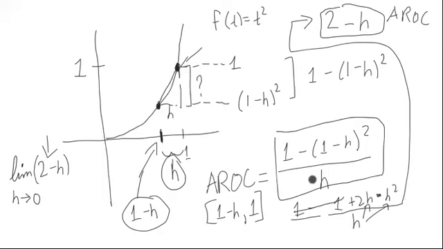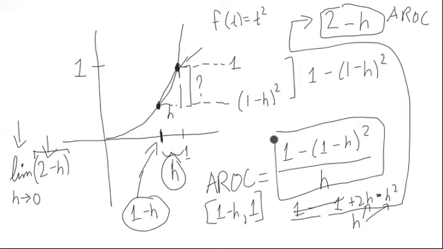So we have to think about a limiting procedure, using what it is when h isn't 0 and seeing what happens to this expression as h goes to 0. The expression is only 2 minus h when h is not 0. When h is equal to 0, this doesn't reduce, but when it's not 0, it does reduce.